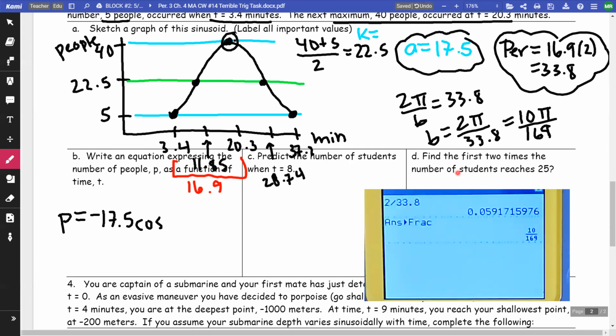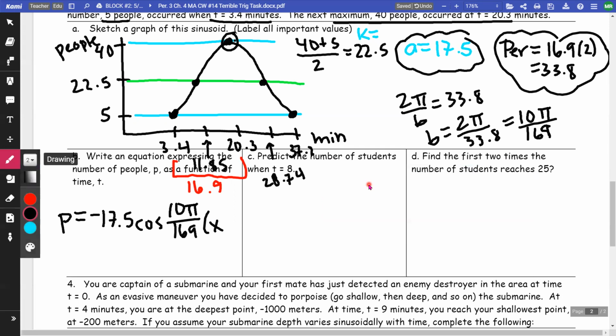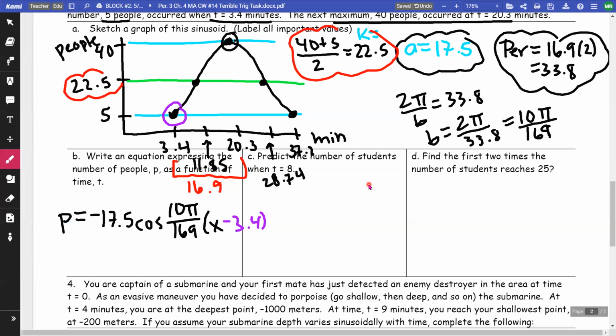Okay, so I'm going to have 10 pi over 169 times x, and I'm going to start this right here. So minus 3.4, and then my k is right here at my 22.5, so plus 22.5.